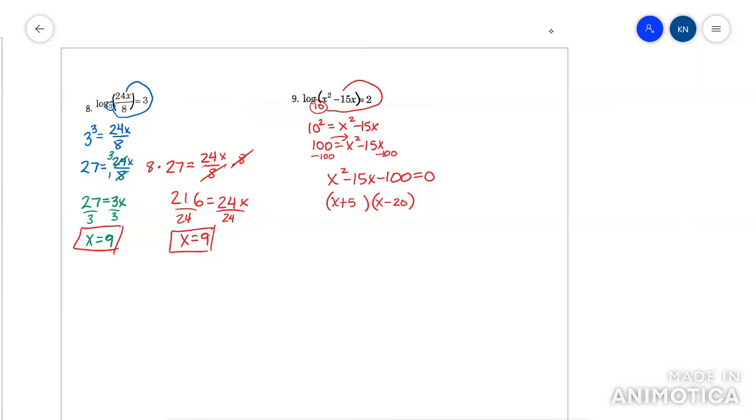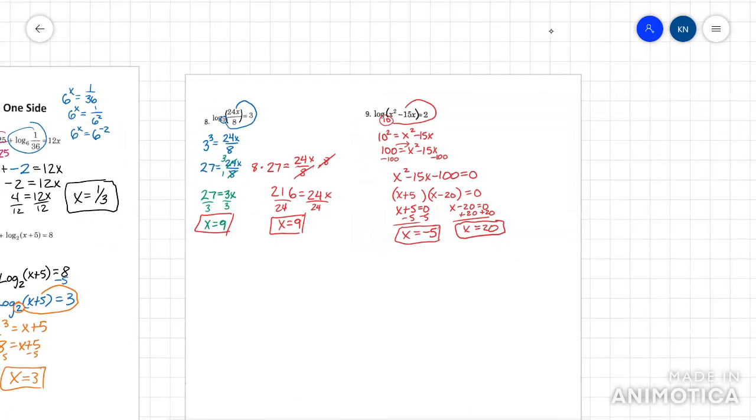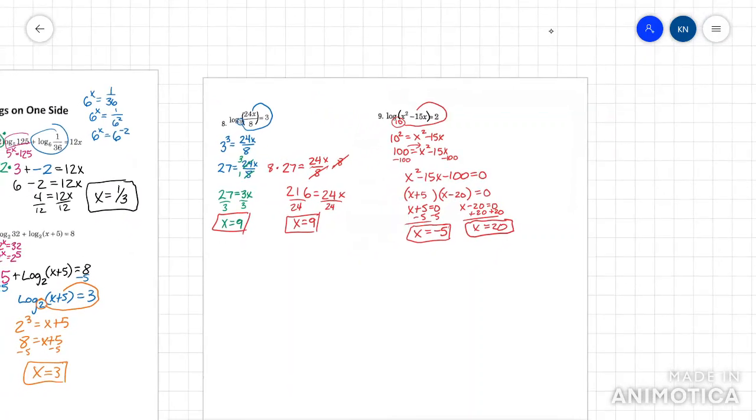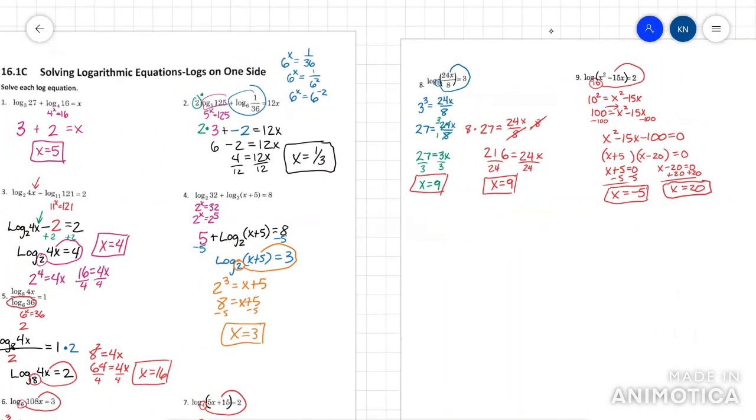And so the reason you want to factor this is because you can set each factor equal to 0 and get both answers.